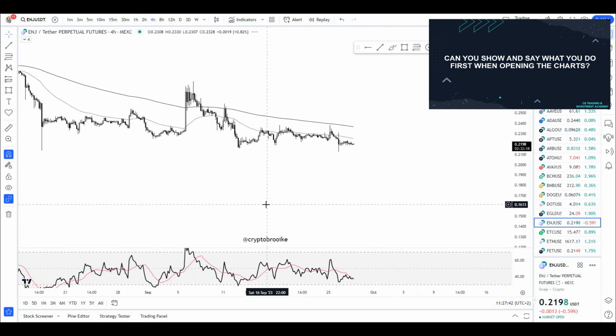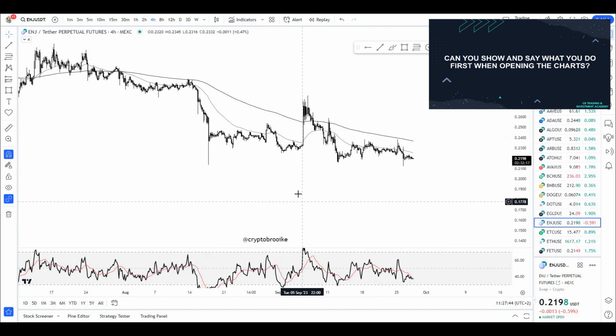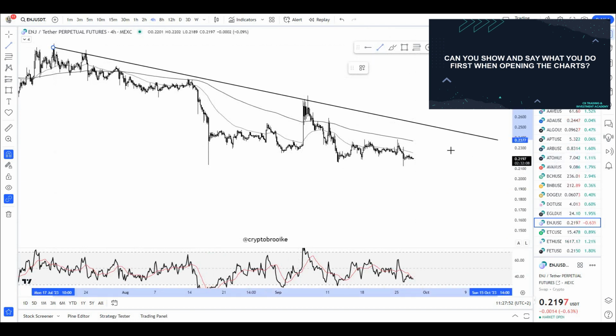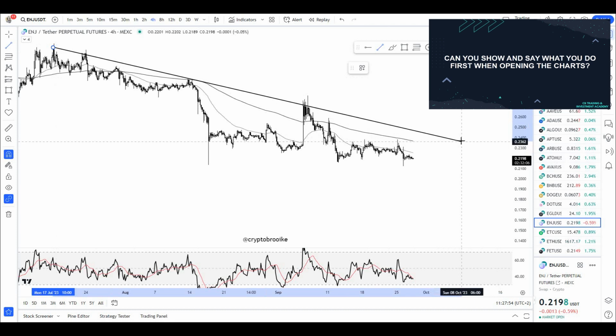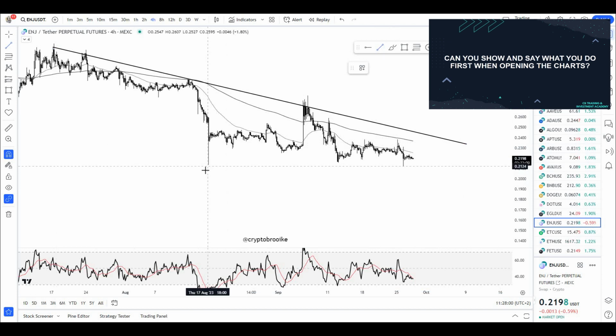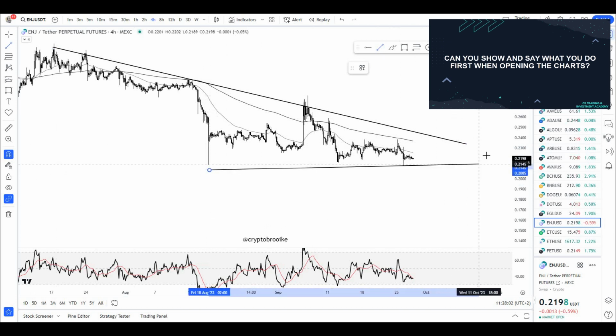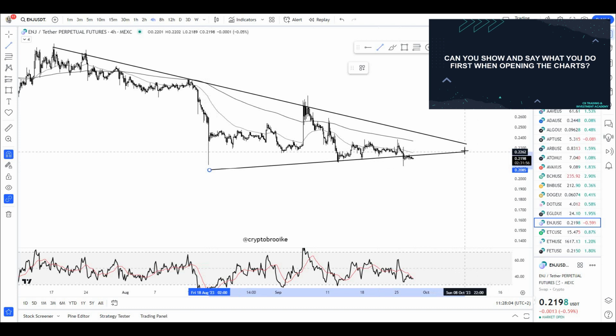So I would look at a chart, let's say this one, and I would just draw a trend line that seems obvious to me, not the clearest one, and then I would be looking for clear structures or patterns in there.